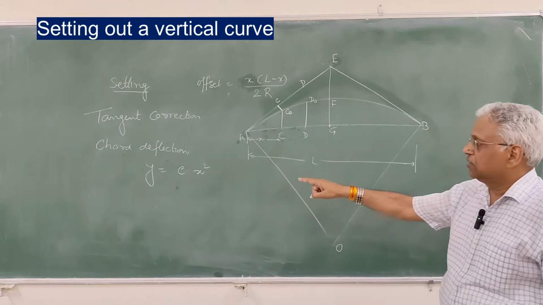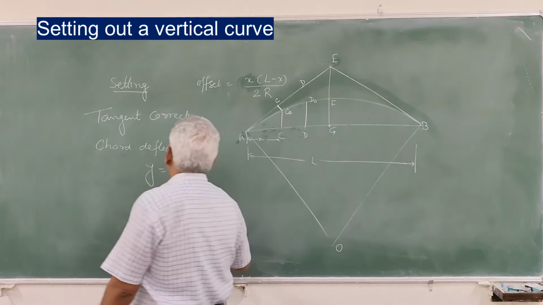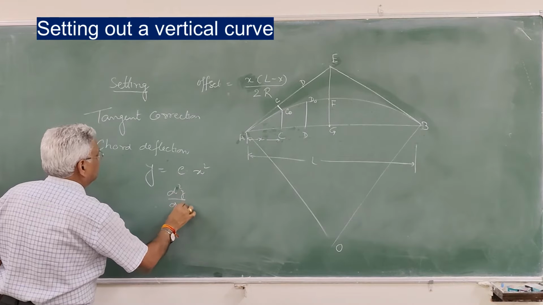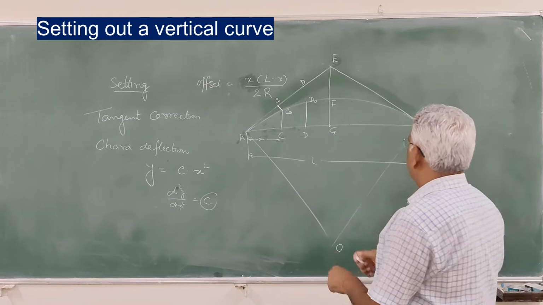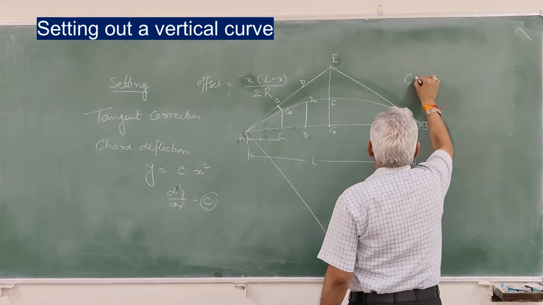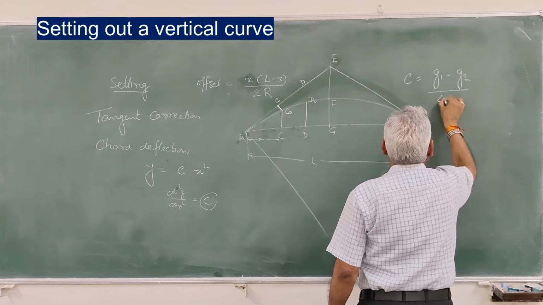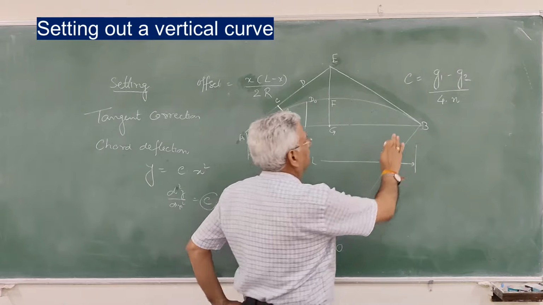So if you differentiate this equation with respect to x twice, you get C. d2y upon dx2 is C. That is constant. Now this value of C here is G1 minus G2 upon 4 into N. That is the value of C.